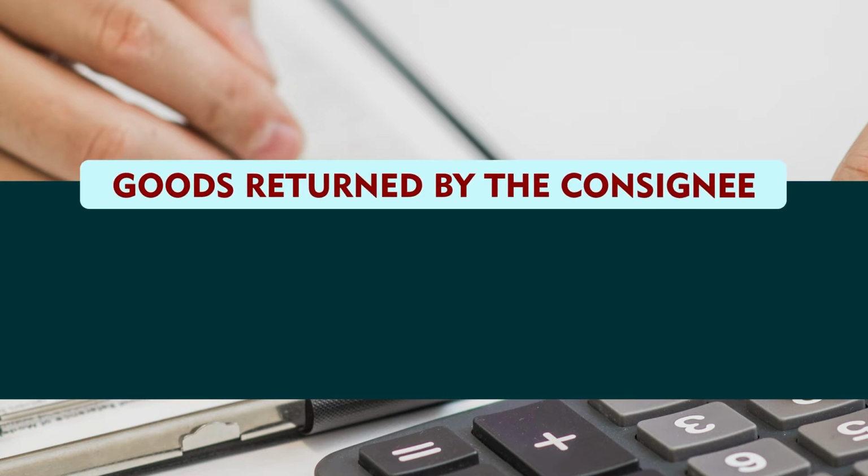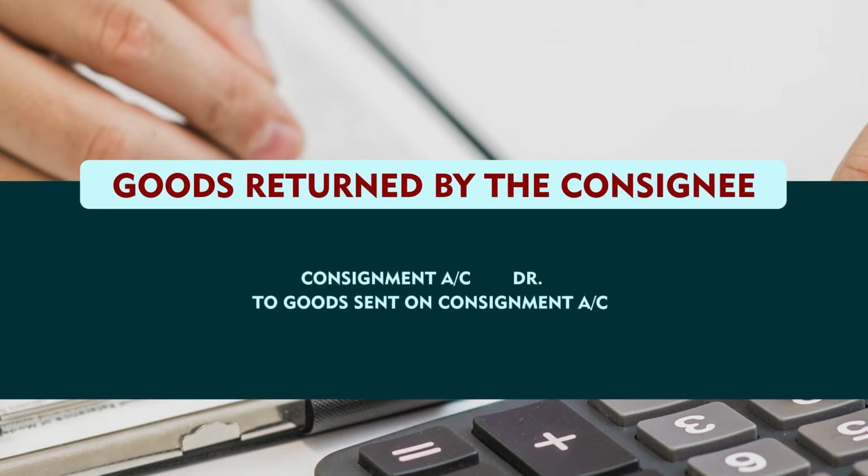Goods returned by the consignee is always shown on the credit side. Therefore, any amount of loading involved in the goods returned will be shown on the opposite side of the consignment account, that is the debit side. So, the journal entry for the amount of loading involved in the opening stock would be: stock reserve account debit to consignment account. It means we buy stock reserve in the consignment account.